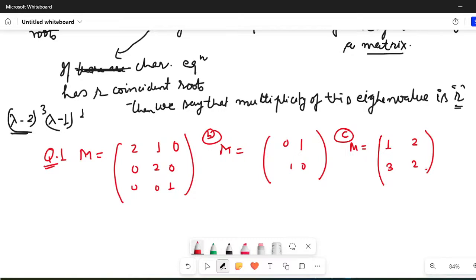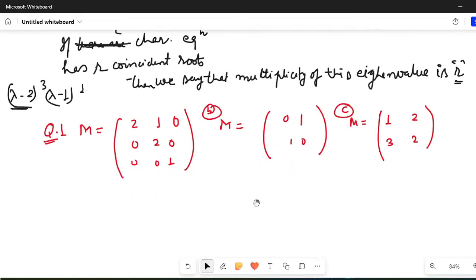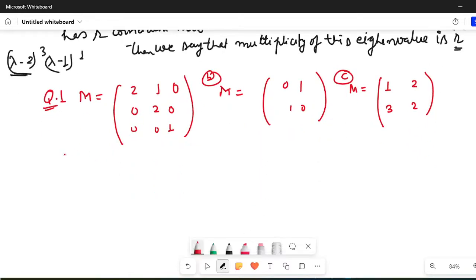So how to find the eigenvalues for the same? I've told you what you have to do. You have to do only one thing: first find the secular determinant. So I'll do it for you. Answer number one: just take the determinant of M minus lambda I equals 0.